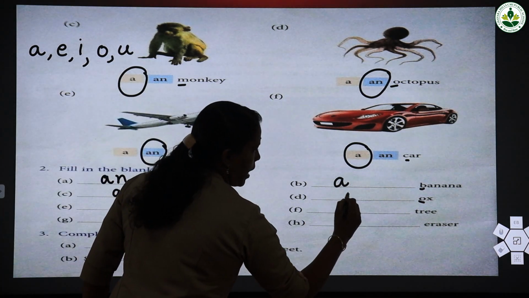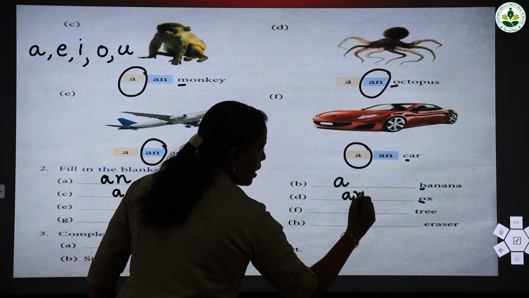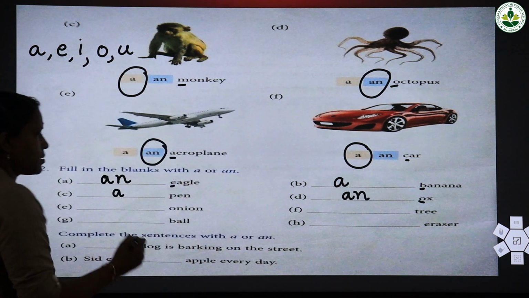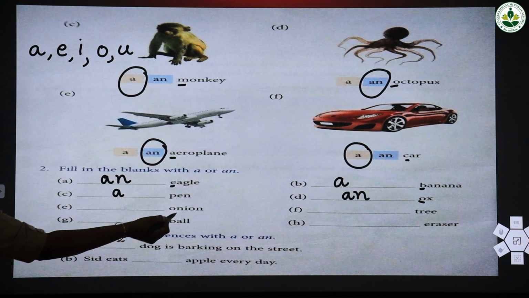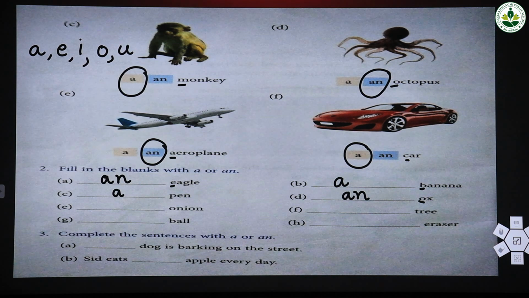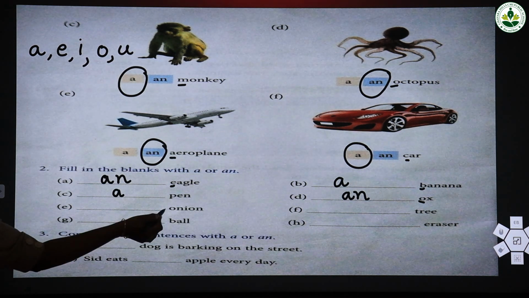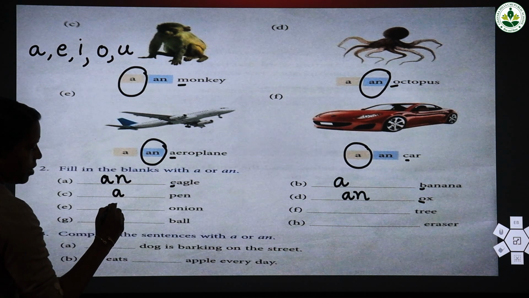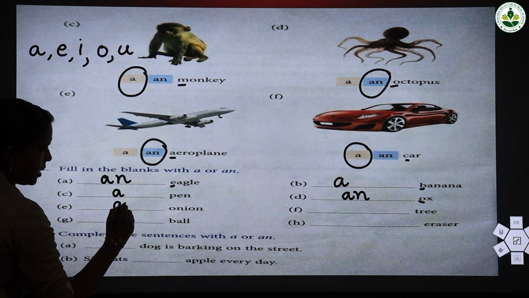So, an ox. Look at the next one. Onion. What is the spelling? O-N-I-O-N. What about the first letter? O. Is it a vowel letter? Yes. So, an onion.